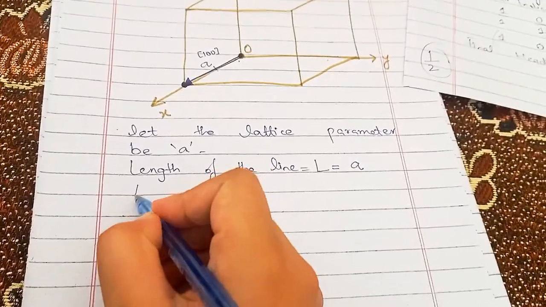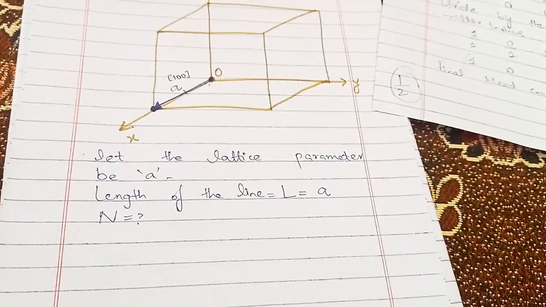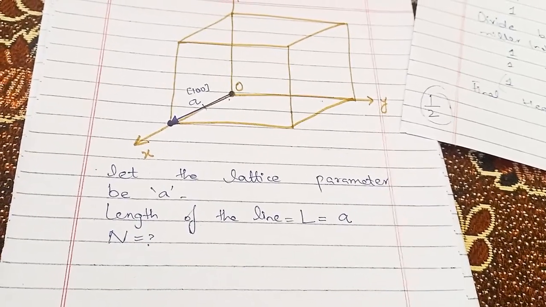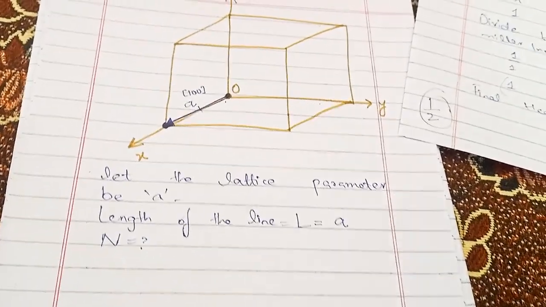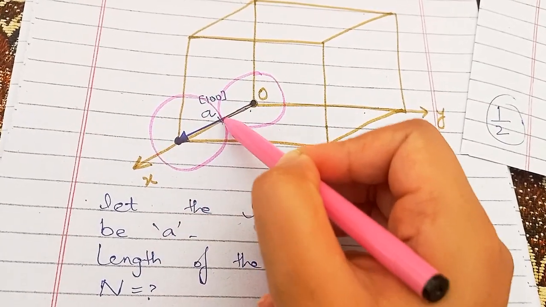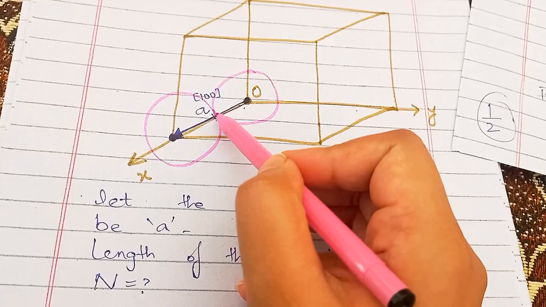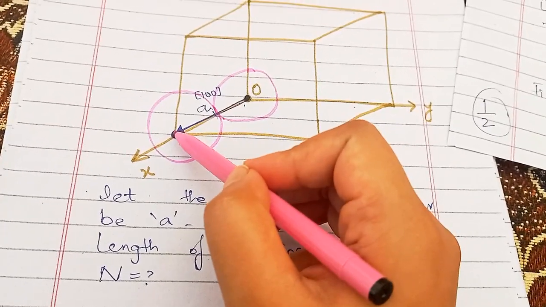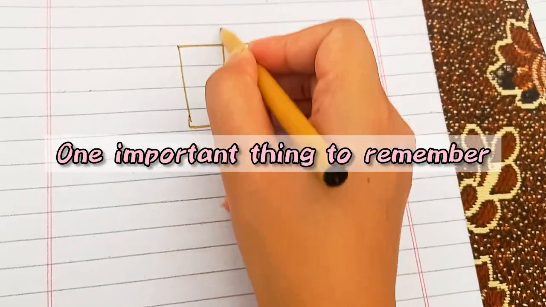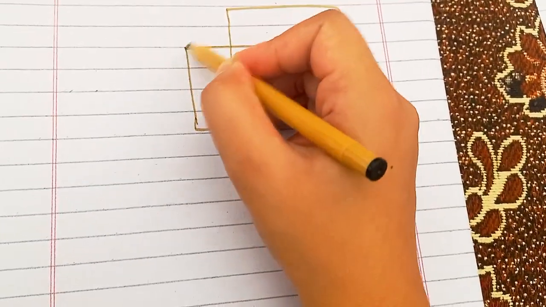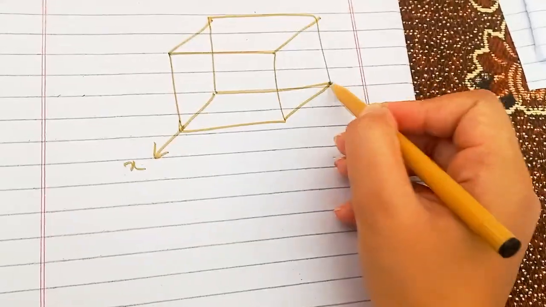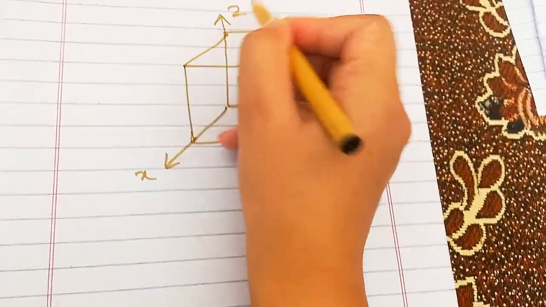Now what are the net number of atoms lying on the line? We need to calculate it, and for that purpose let's draw the atoms that we know are here. So there will be one atom here and one atom here. In simple cubic, both of the atoms touch each other. This will help you find out the relationship between the lattice parameter and the atomic radius later on.